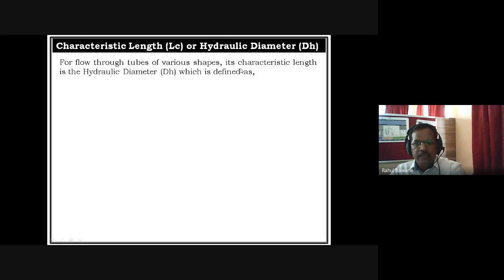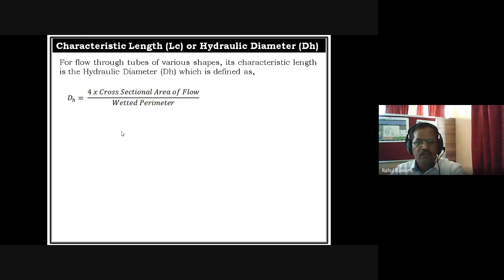It does not change the soul of the formula, we just replace characteristic length by D_H. If it is an external forced flow, definitely we will mention characteristic length L_C. But if it is an internal flow through any closed channel, just like pipes, then we have to replace that characteristic length by hydraulic diameter.